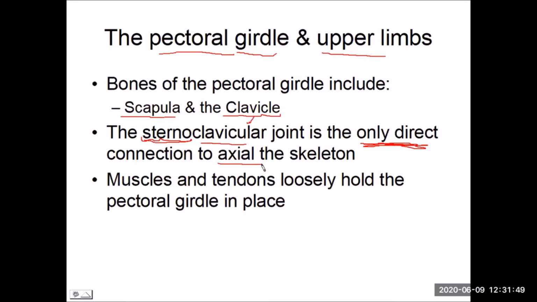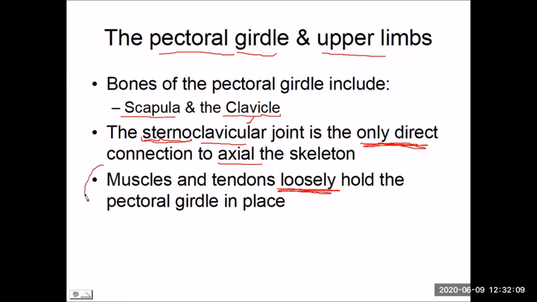Again, between the clavicle and the manubrium of the sternum. Whereas the rest of the pectoral girdle is actually extremely flexible, and we do want that flexibility of our shoulder. However, we're actually sacrificing strength in terms of flexibility.